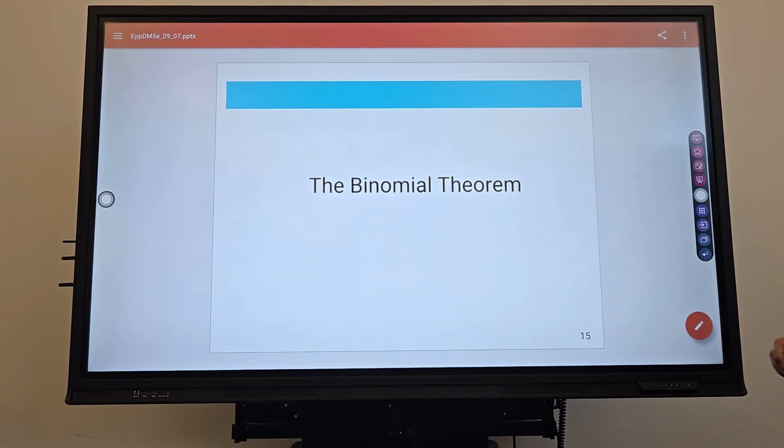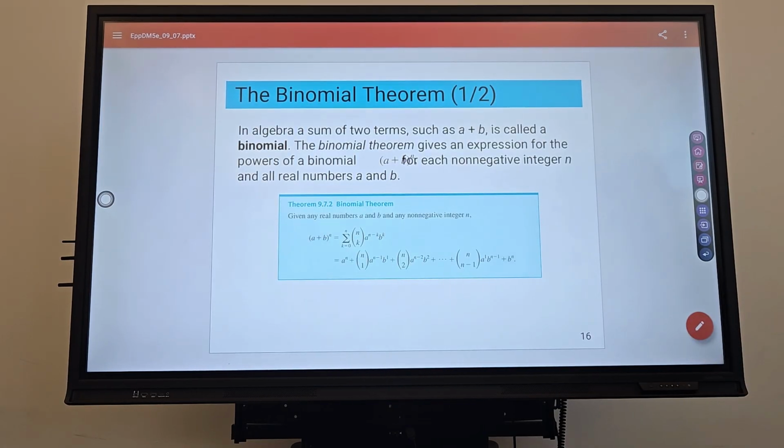Now the binomial theorem. In algebra, a sum of two terms, such as a and b, is called a binomial. The binomial theorem gives an expression for the powers of a binomial, a plus b to the nth power, for each non-negative integer n and all real numbers a and b.